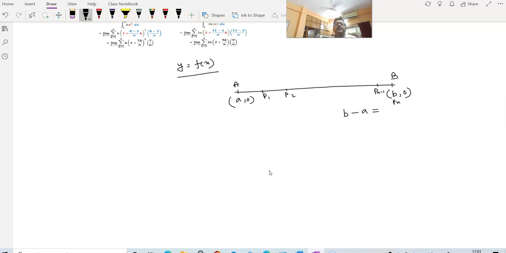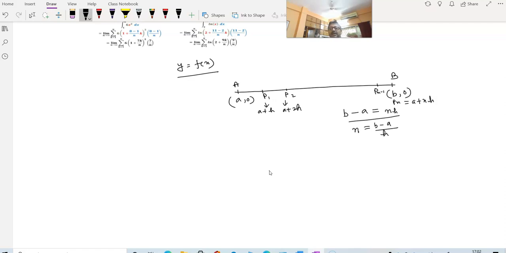The x-coordinate of these points can be taken as a plus h, a plus 2h, and this way pn can be taken as a plus nh. Then b minus a, the whole length of the interval, is equal to nh. Or you can take the number of subdivisions equal to (b minus a) by h.